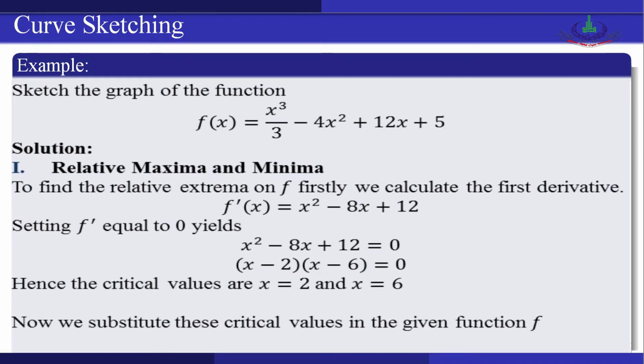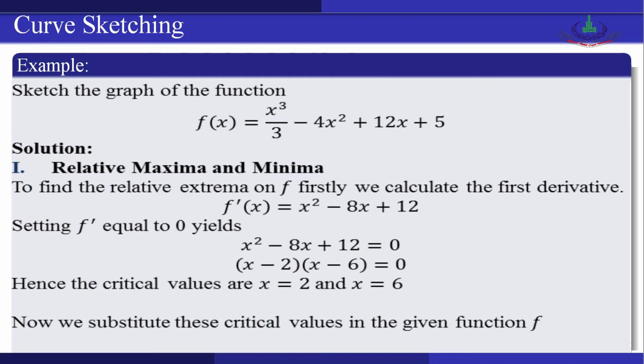Sketch the graph of the function f of x is equal to x cube over 3 minus 4x square plus 12x plus 5. First of all, we calculate the relative maxima and minima. To find the relative extrema of the function f of x, first we calculate the first derivative, that is f prime of x is given by x square minus 8x plus 12.